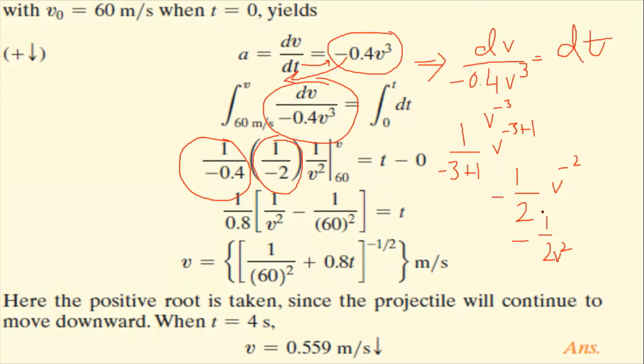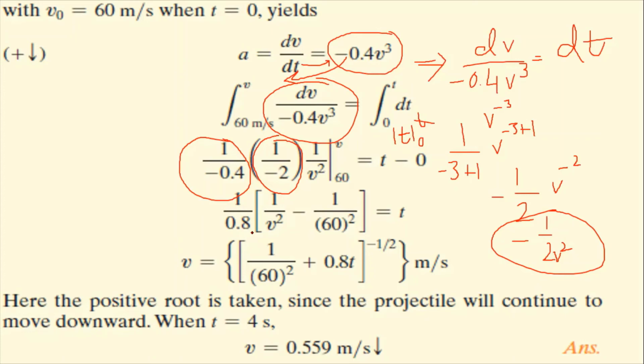And then you have to apply limits 60 to v. For time, t minus 0, obviously there is nothing there, so it will become t, limits 0 to t. It's all about integration. So when you apply the limit, we bring it out up: minus 1 upon 0.8.